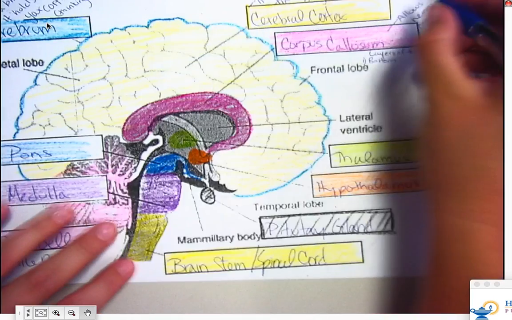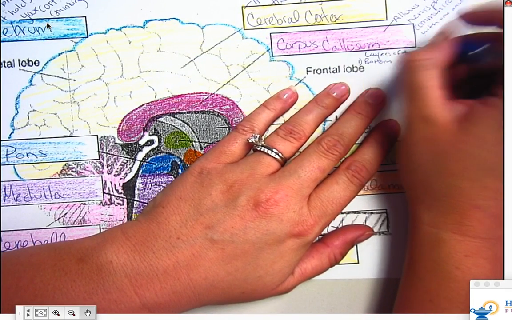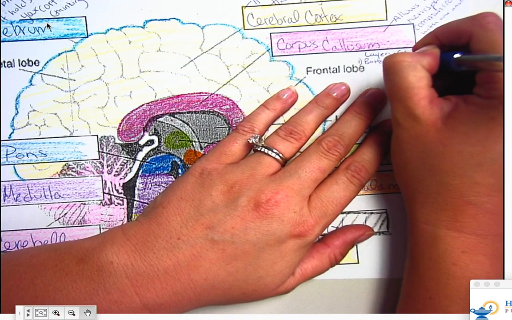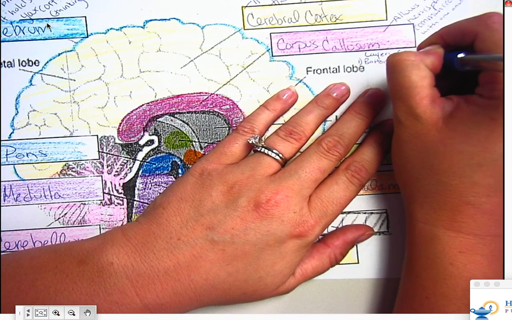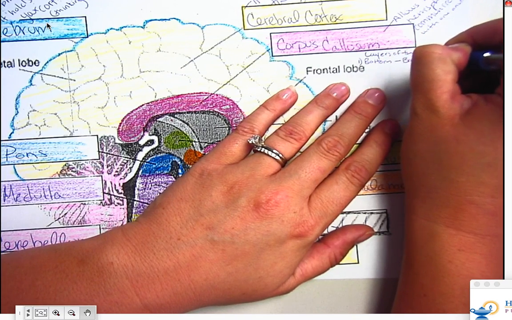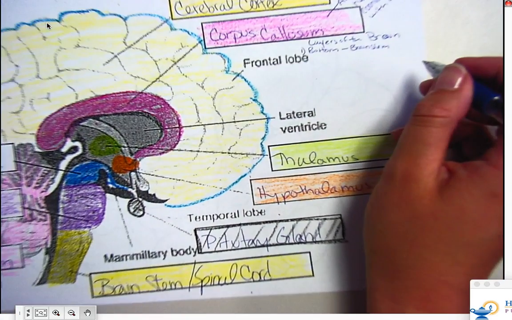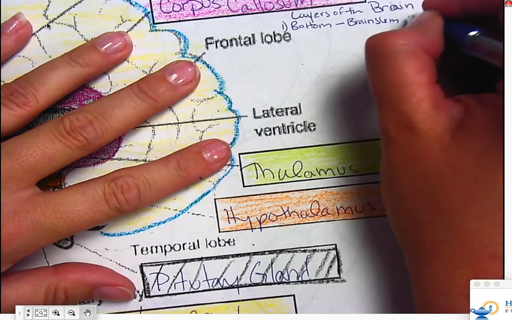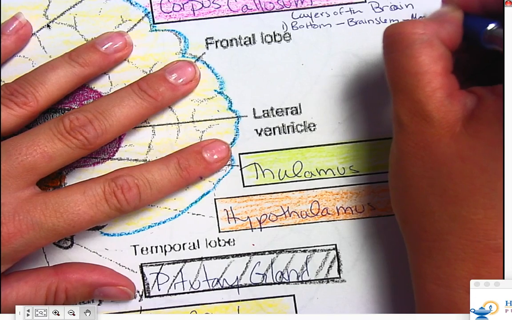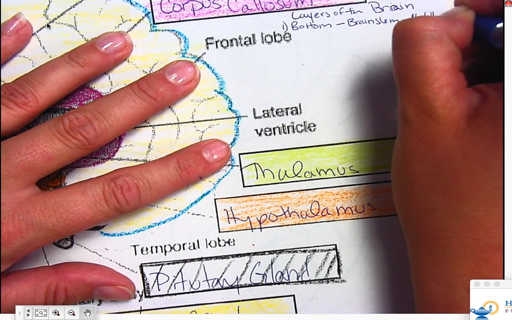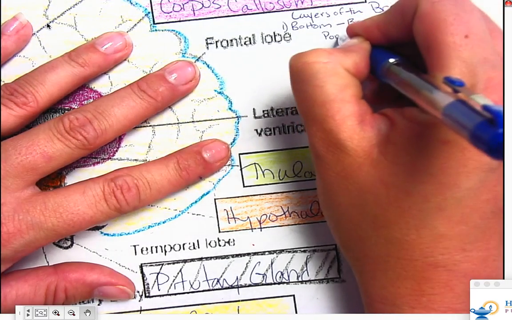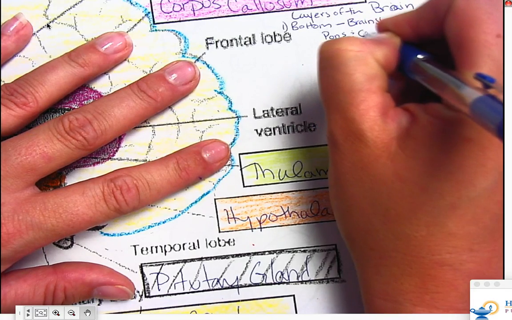So at the base of your brain, at the bottom, you need to know it goes brainstem, medulla, pons, and cerebellum.